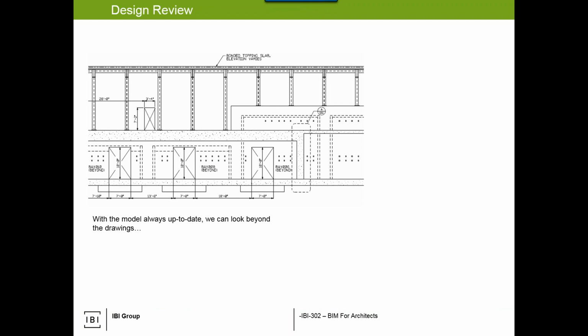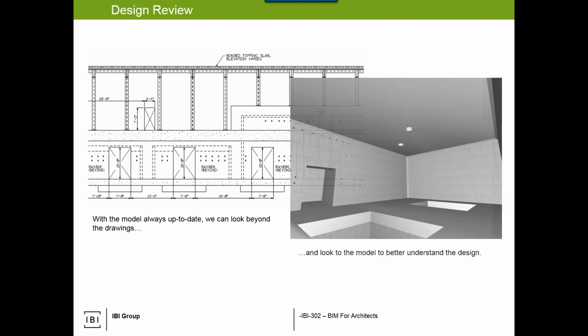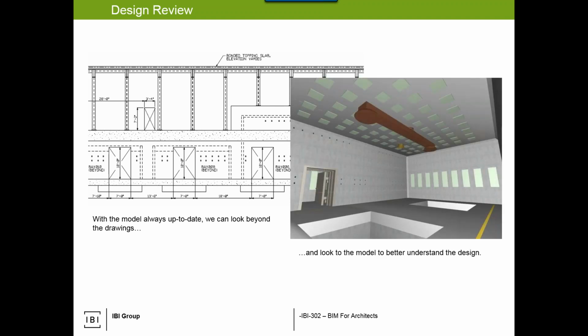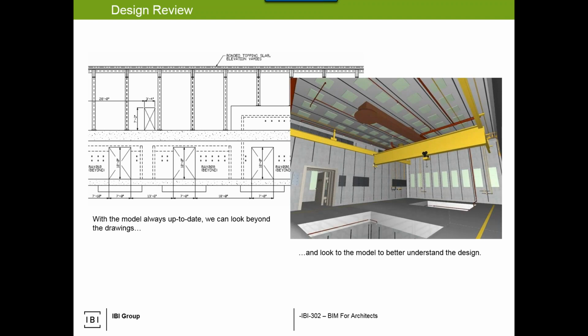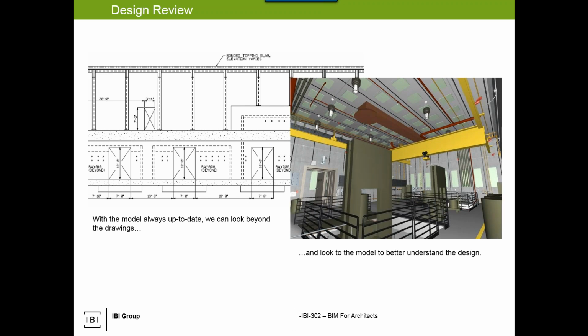You can do live design review relative to a drawing. This is an example I've used for years. Here's a section, looks fine, but this is the actual model of where the section is being cut. And I like this example because when I see what's inside the model, the section really just doesn't do it justice.